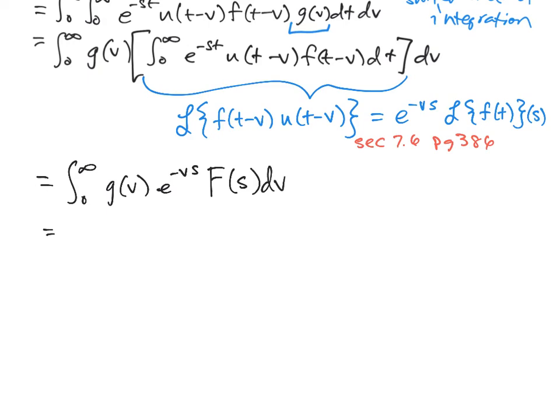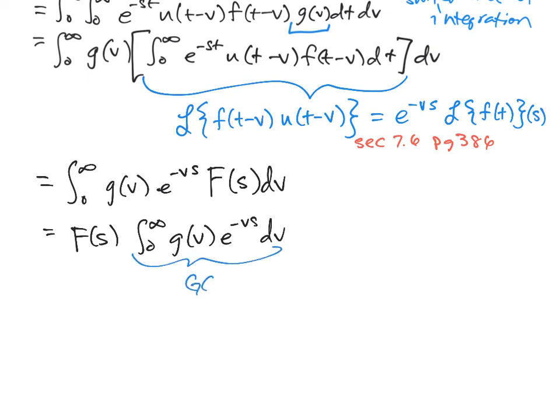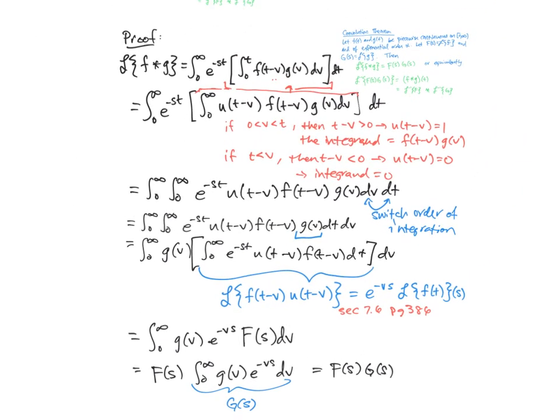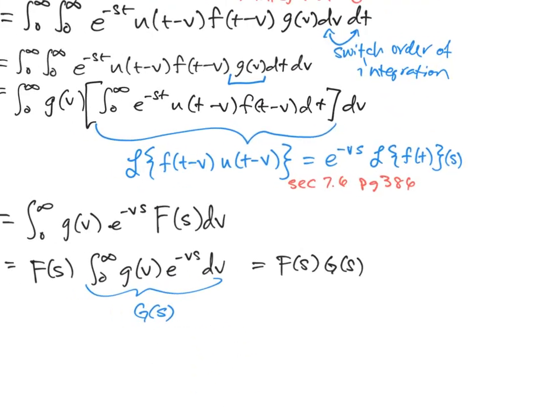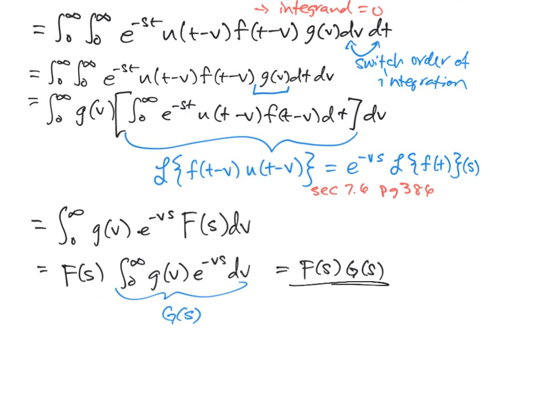We can pull the big F out, and we've got the integral of g of v times e to the negative vs dv, but this guy here is exactly big G, the Laplace transform of g, so this equals big F times big G. And so that is exactly the proof. We started off with the Laplace transform of f convolved with g, and it equals the product of the Laplace transforms, and that's the end of the proof.